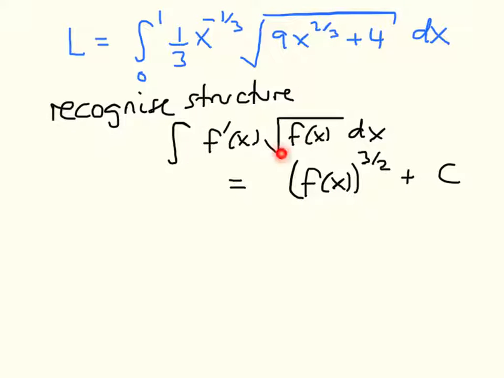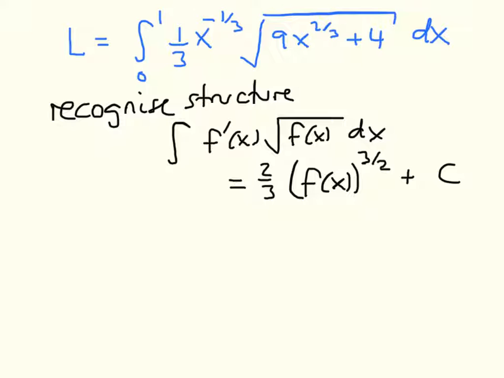So I'm going to get exactly this, except that I will have a factor of 3 halves in front. So I'd better put in front here a factor of 2/3, and now when I do that, if I differentiate this, I get exactly that.